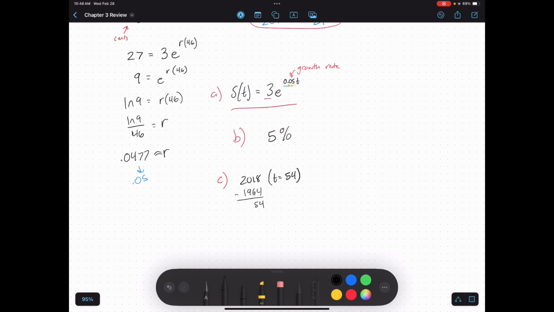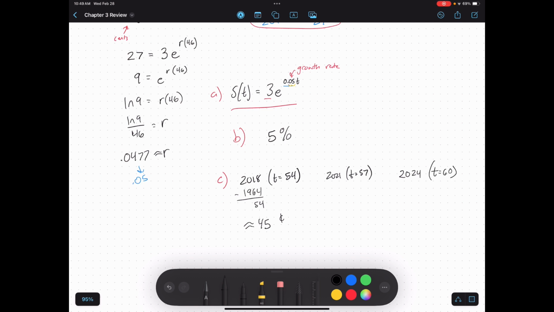That's 54. And for me, it tells you to round to the nearest integer, so I get about 45 cents. Okay? For 2021, I'm just going to plug in t equals 57. And for 2024, I'm going to plug in t equals 60.